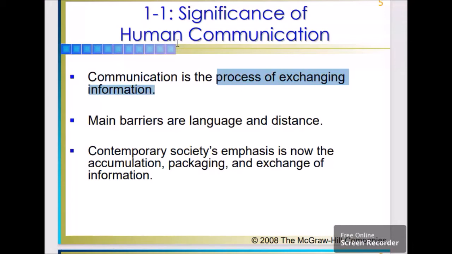Okay, so for human communication, the main barriers are the language and the distance. Tama po ba? Barrier ba yung language? Of course, because if you have a friend from, let's say, for example, China. Wow, China talaga. Yes, from China.